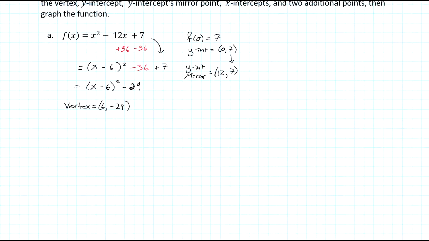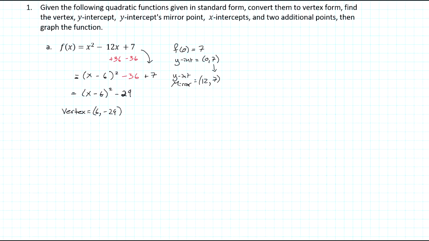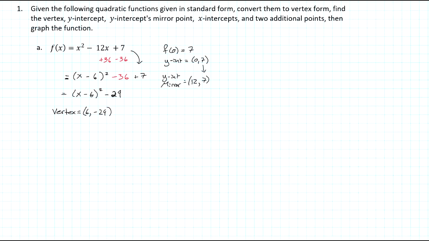So let's start graphing this now before we find anything else. We've got those 3 key points, and the vertex is to the right. Let's start over here. The vertex is really far down there. This is opening upward because it's a positive leading coefficient.